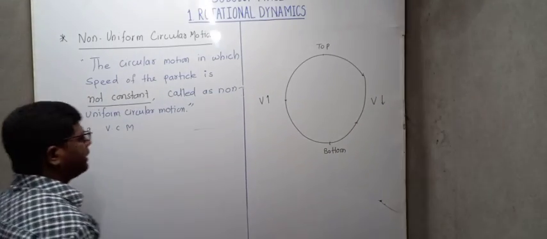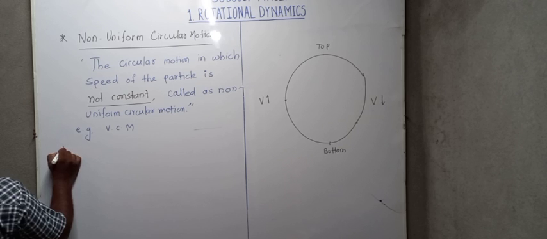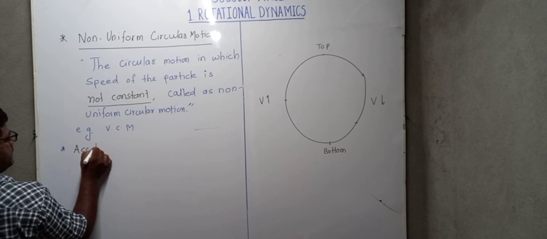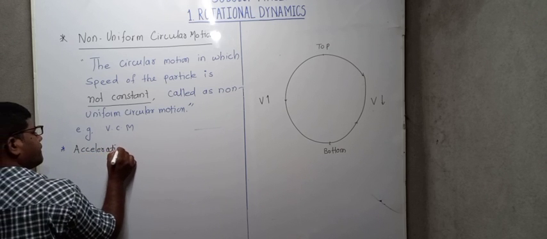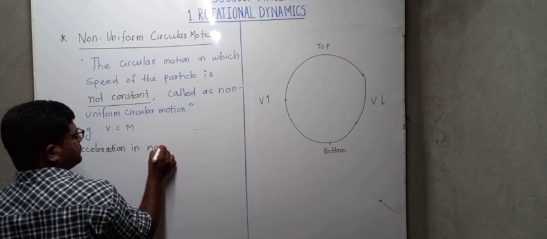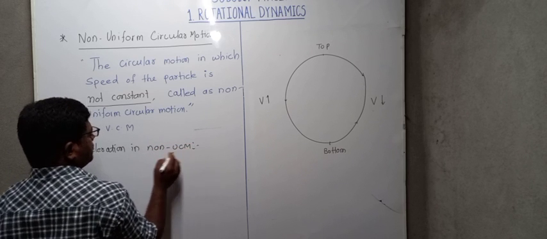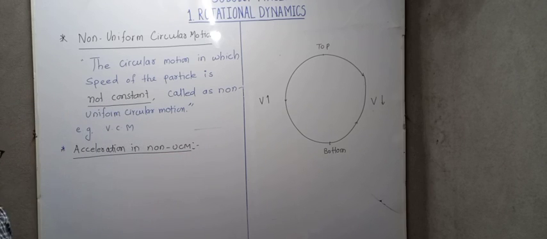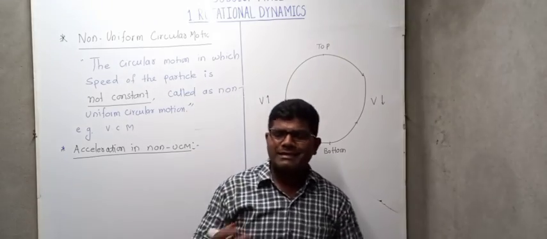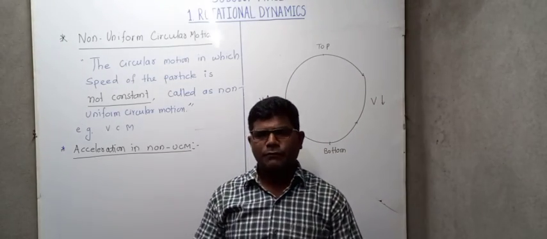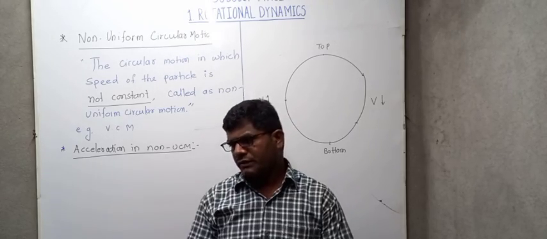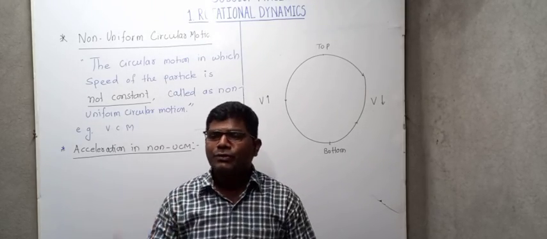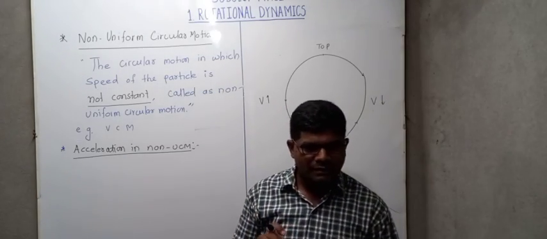Now, the acceleration in non-UCM. We know in uniform circular motion, acceleration is produced, and this acceleration acts along the radius and is directed towards the center, so it is called radial acceleration or centripetal acceleration.